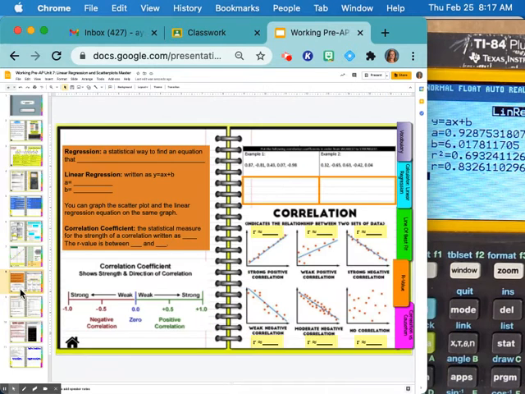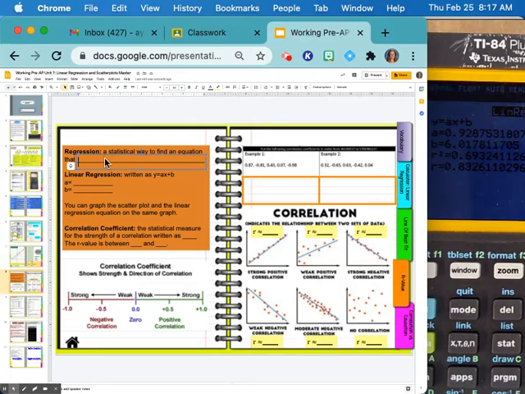Let's go on to slide 8. Regression, a statistical way to find an equation that, what was regression? That best fits the data.